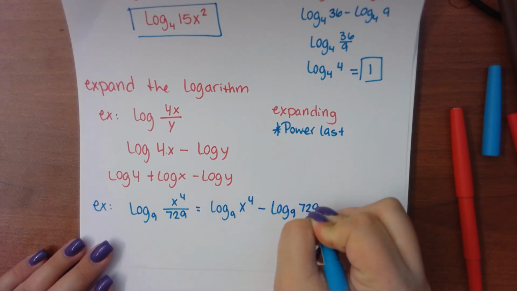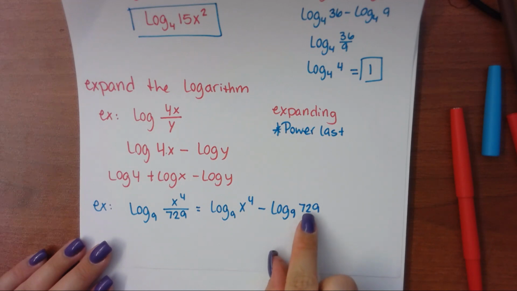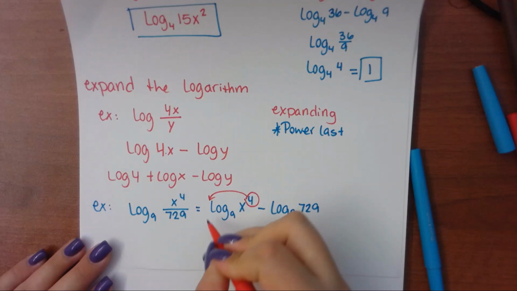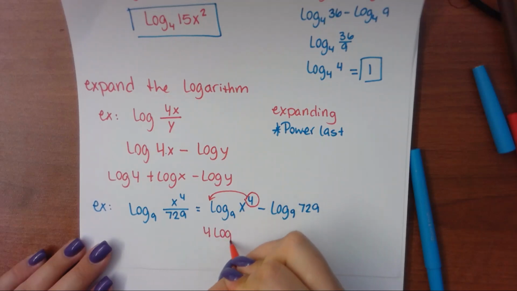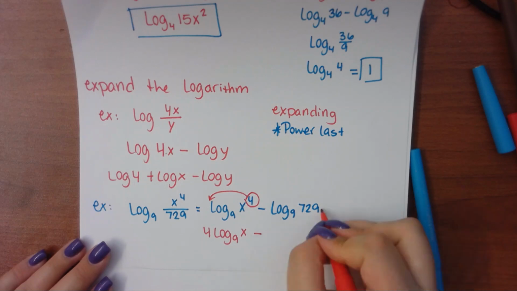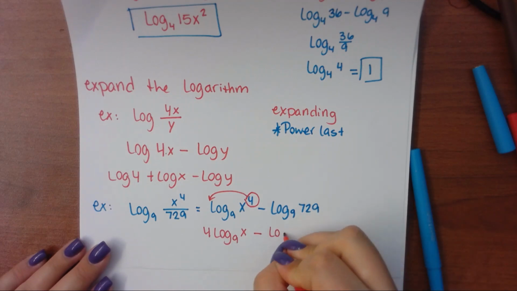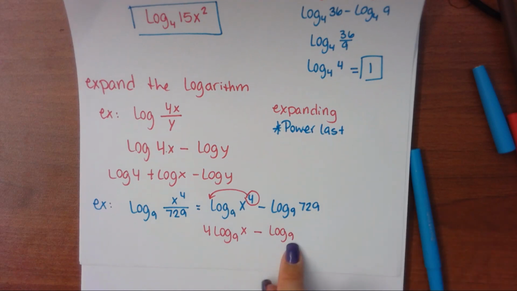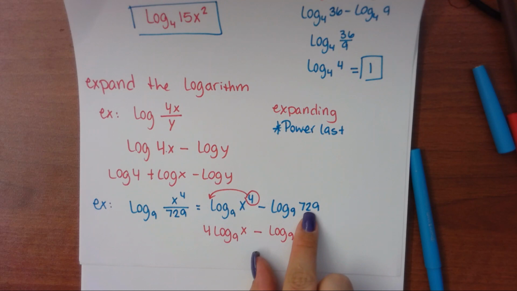The only thing that you're going to want to check is these numbers, okay? So we are going to do that power property and move this power out front. So it becomes 4 log base 9 of x. And then we are going to rewrite 729, and we can actually try to write it with this base. So try to see if 9 to some power equals 729.